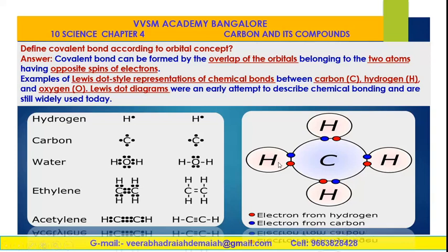Carbon and hydrogen are quite different, and hence they have different spins. Lewis dot diagrams were an early attempt to describe chemical bonding and are still widely used today. This is very helpful for Lewis dot representations of chemical bonds or electron dot structures.